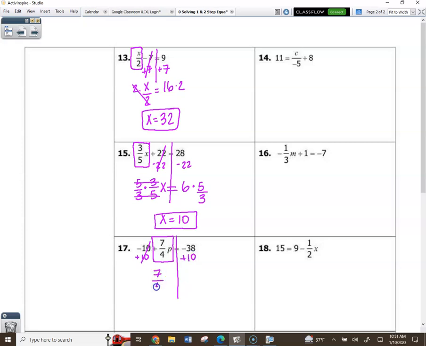So we have 7 over 4 p equals negative 28. I need 7 over 4 to become a 1. So I'm going to multiply by 4 over 7. And then whatever you do to one side, you've got to do to the other. Negative 16.